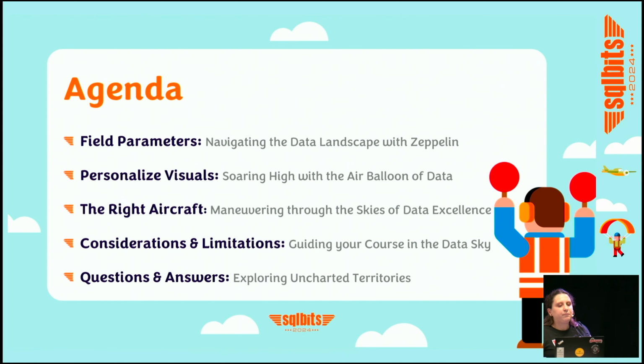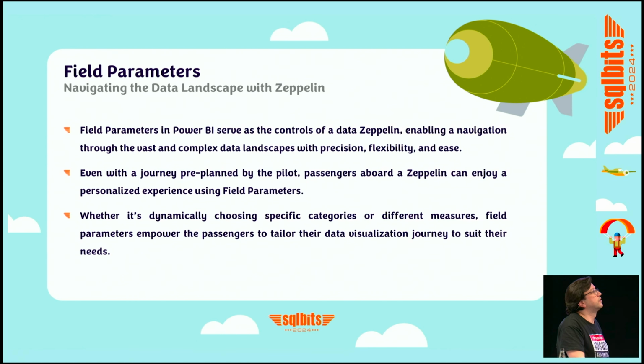Yes, the reason for this session, as Maria was saying, was our constant discussions about approaches. We are not always in agreement, so sometimes we want to go left and the other wants to go right. So field parameters today here in this talk are like a Zeppelin.